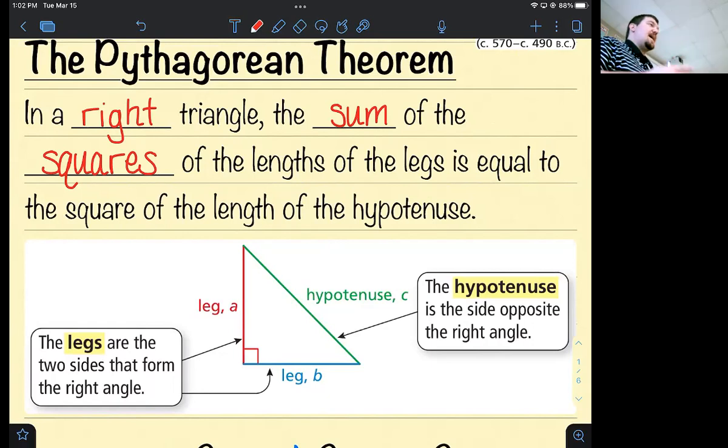Those are called the legs. They're the two shorter sides, because in a triangle, the largest side is always across from the largest angle. And since the right angle is the largest angle, the hypotenuse will always be the longest side of a right triangle. And you'll always find it across from or opposite from the right angle.